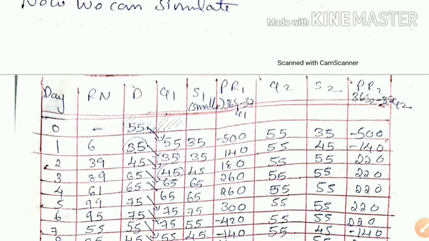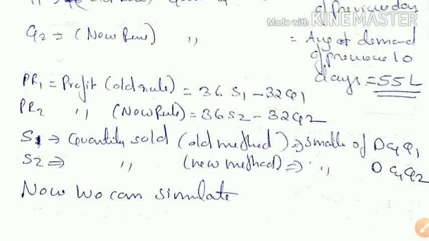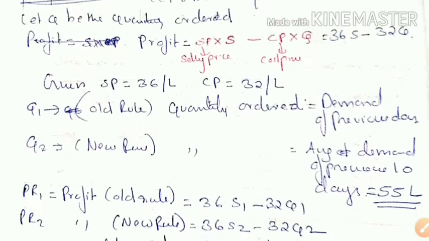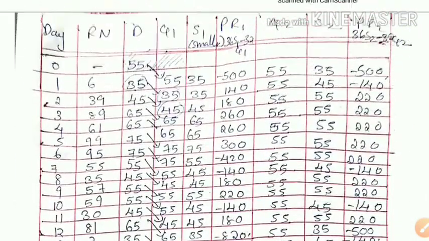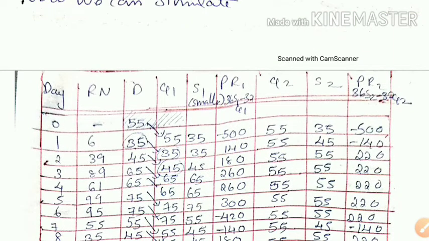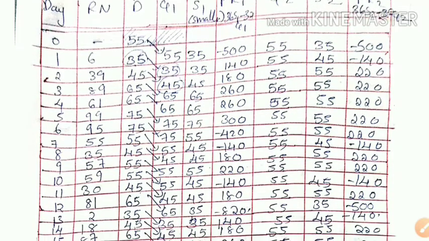S1 is the quantity sold according to the first method, and PR1 is the profit according to the first method. Q2 is the quantity ordered according to the second method, that is the new method. S2 is the quantity sold according to the new method, and PR2 is the profit.